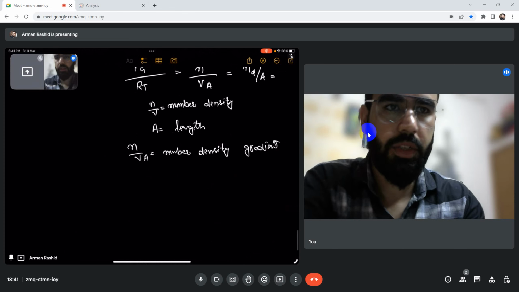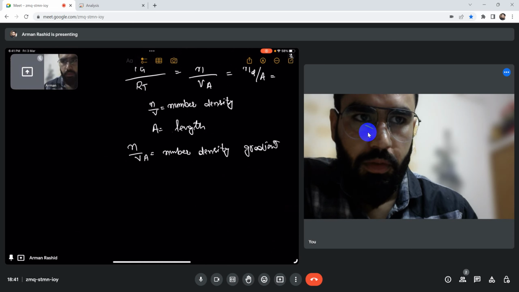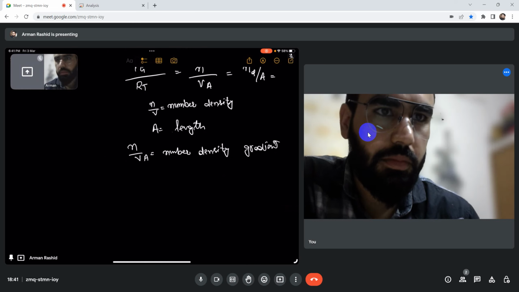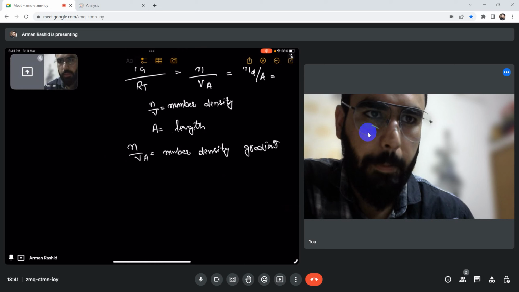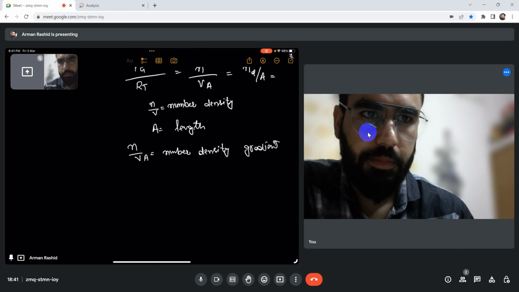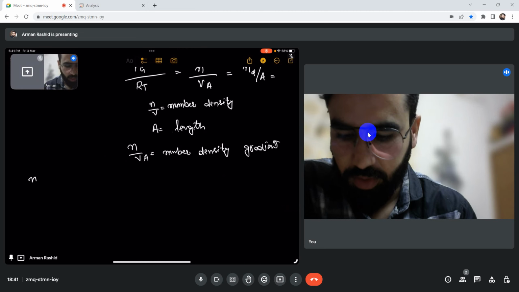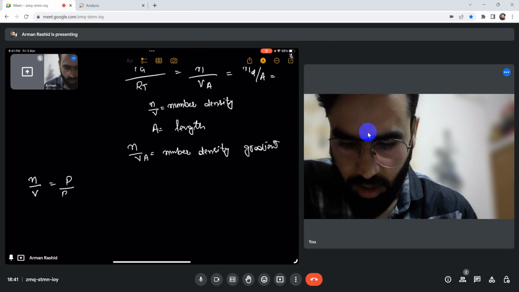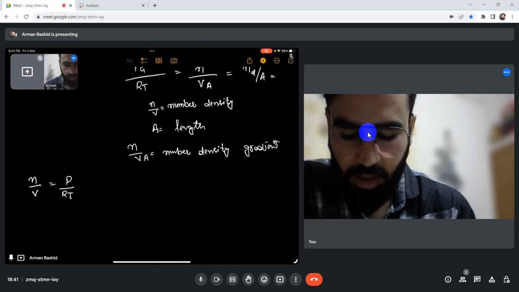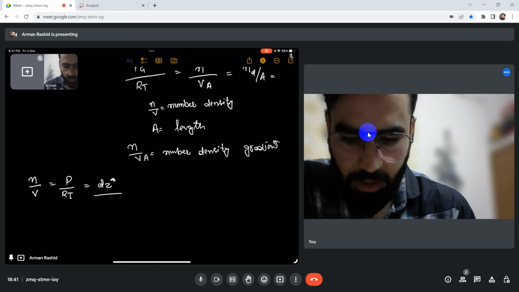Now we know this equation. So for the number density gradient, we will write n by V is given by P by RT, that is given by dn star by dz.